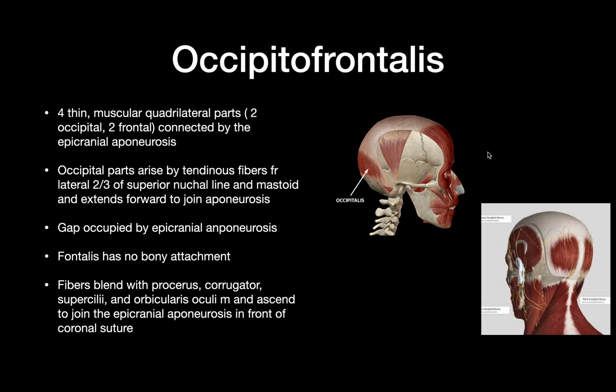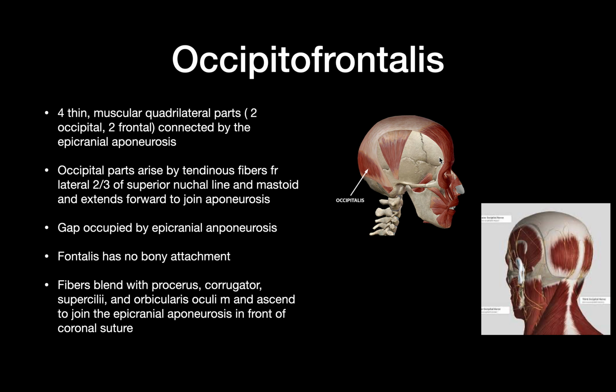The occipitofrontalis is made of 4 thin muscular quadrilateral parts. So there are the two occipital parts and the two frontal parts, and in between they are connected by the epicranial aponeurosis. The occipital parts arise from tendinous fibers from the lateral 2/3 of the superior nuchal line and the mastoid, and extend forward and join the aponeurosis, which joins the frontalis.